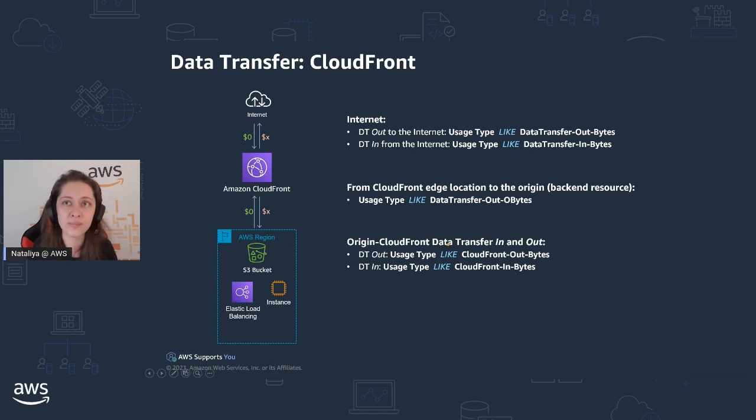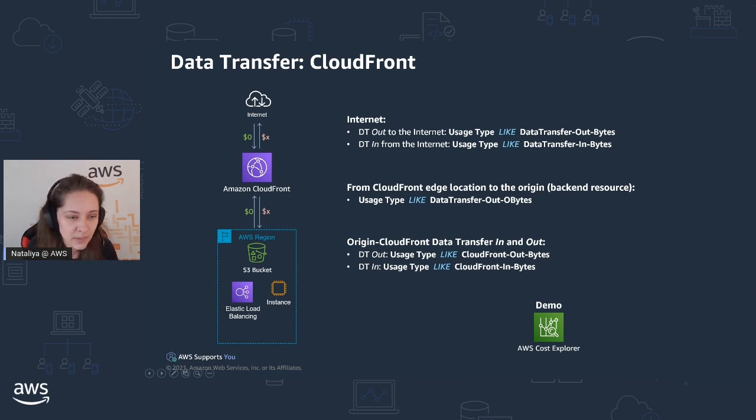Again, similarly, checking filter usage type and searching for CloudFront out bytes and CloudFront in bytes. Usually, these two will be 0. They will be free because you will look from the perspective of the origin. So when you're looking from the perspective of the origin, any traffic to and from CloudFront will be free. Again, I'll show it in the demo, so it probably will make a bit more sense.